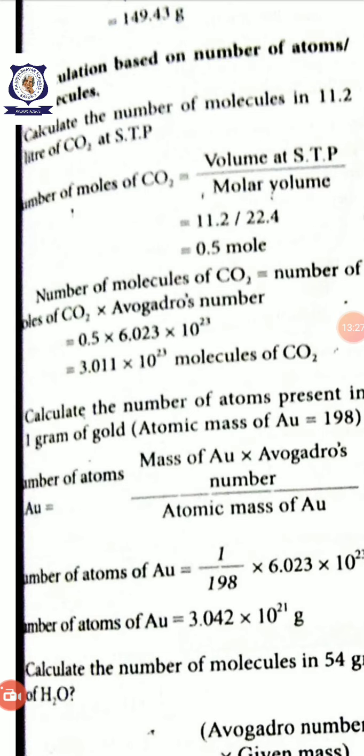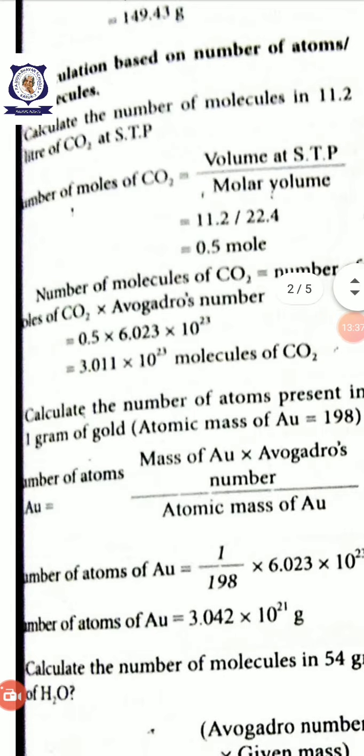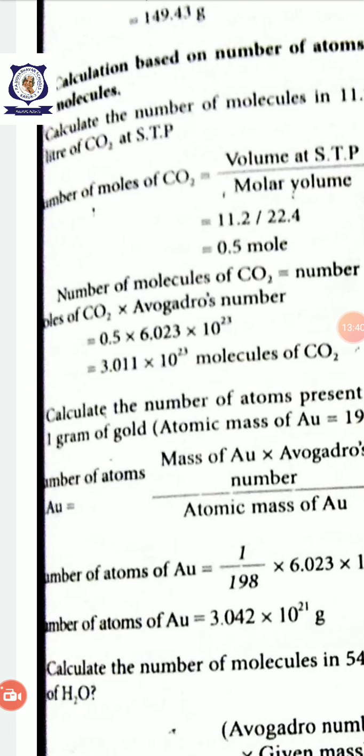So we get 3.042 into 10 power 21. So the number of atoms of gold is equal to 3.042 into 10 power 21.